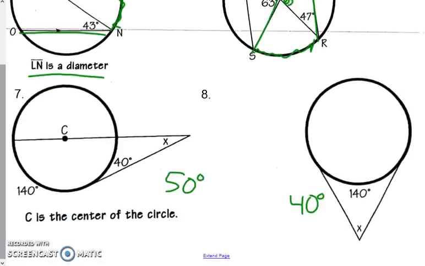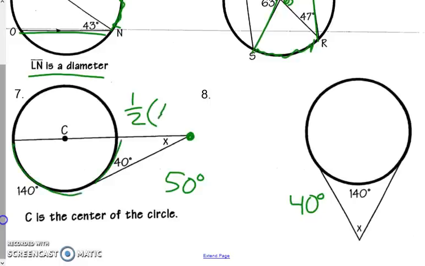Okay, in number 7 here, we need to identify that we're dealing with the situation where our vertex is outside of the circle. So this is going to be 1/2 the difference of the arcs. So we're going to take 1/2. Here are our 2 arcs.